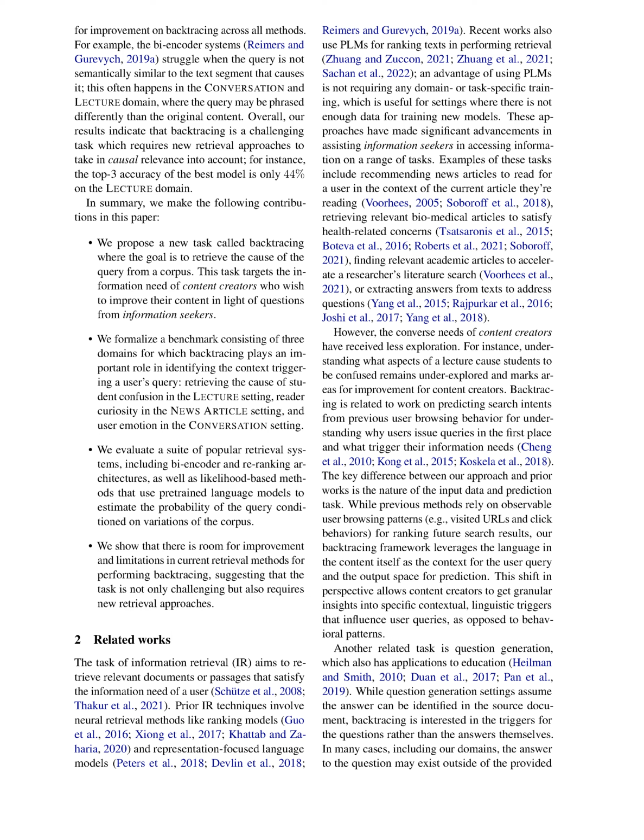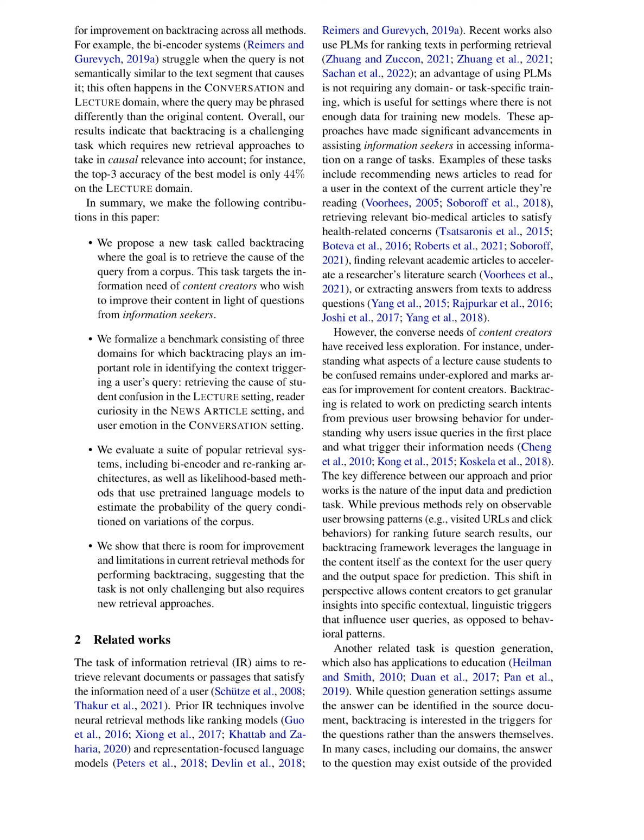Section Summary. In this section, we introduce the concept of backtracing, a novel retrieval task aimed at identifying the cause of a query within a corpus, catering to the needs of content creators like lecturers who seek to enhance their materials based on user feedback.